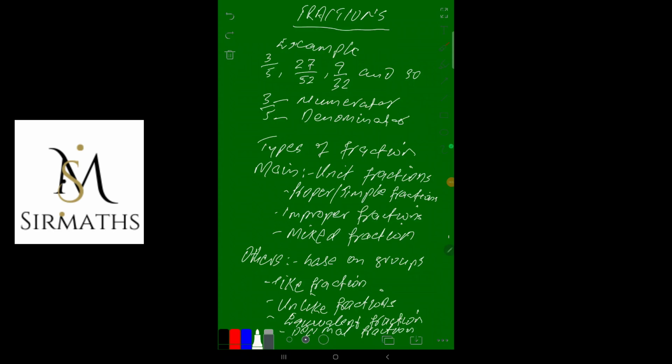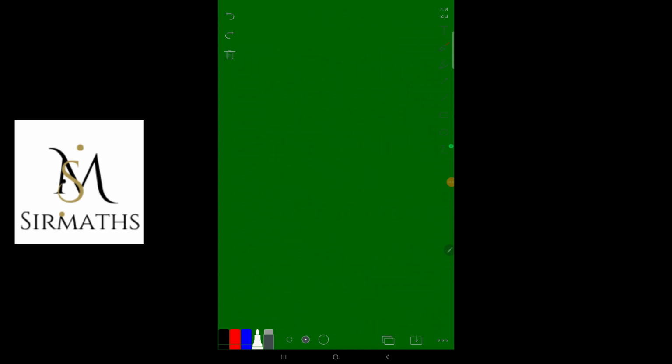Like I said, in your former grade, you must have discussed them. What we call unit fraction is a fraction whose numerator is 1. A fraction whose numerator is 1 is what we call unit fraction.